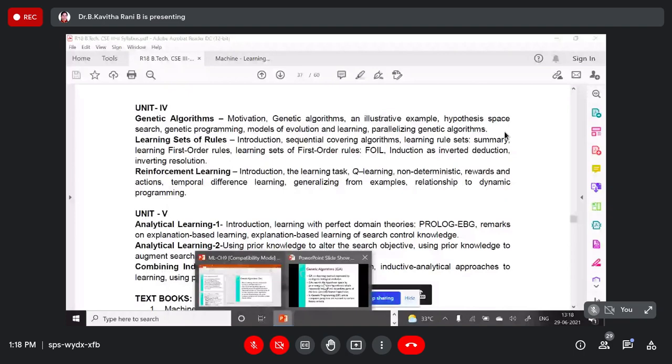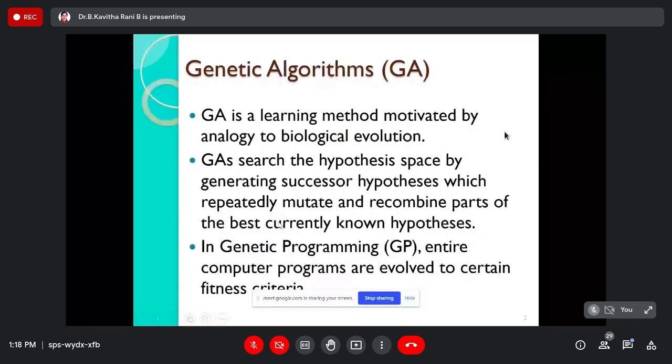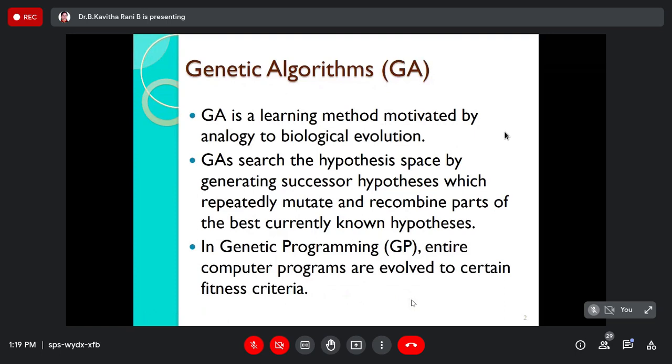A genetic algorithm is a learning method motivated by analogy to biological evolution. Genetic algorithms search the hypothesis space by generating successive hypotheses which repeatedly mutate and recombine parts of the best currently known hypothesis.